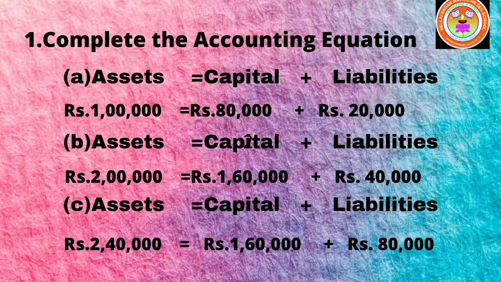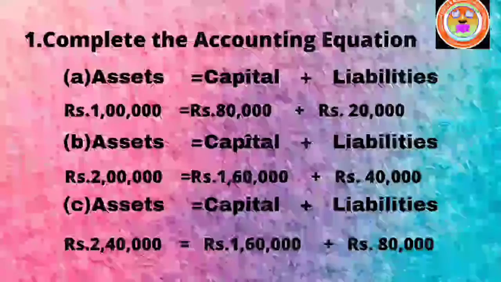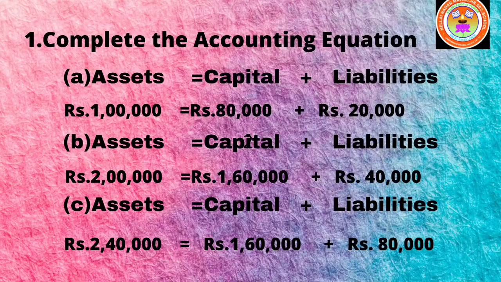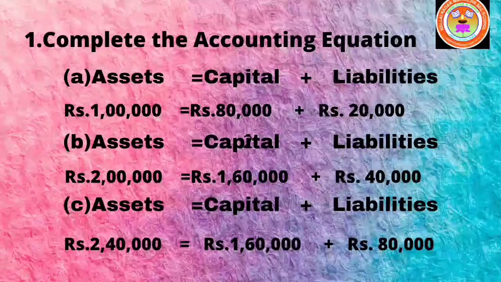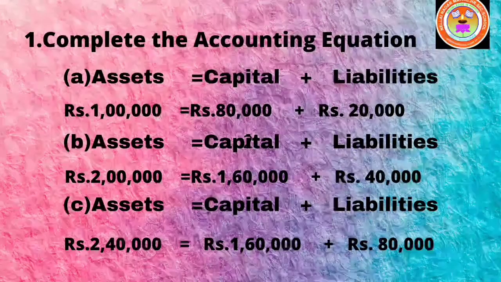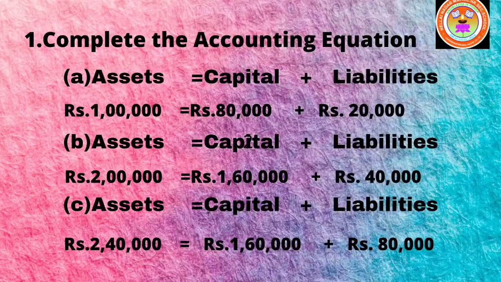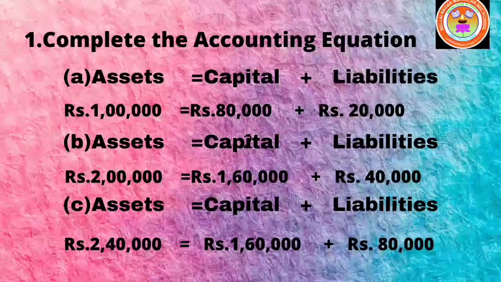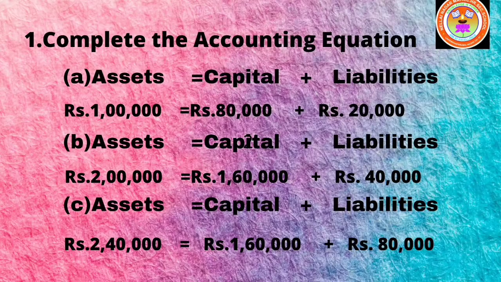For finding out the liability, we should subtract capital from the asset. So 1 lakh minus 80,000 will give you 20,000. So 20,000 is your liability. Do you understand? 80,000 plus 20,000 will give you 1 lakh. Is it easy?